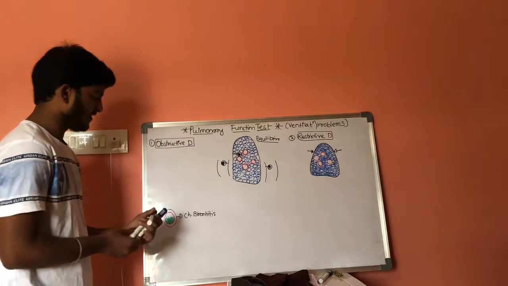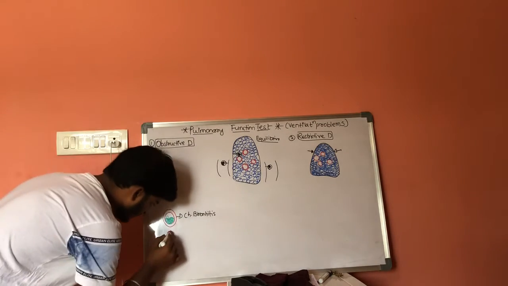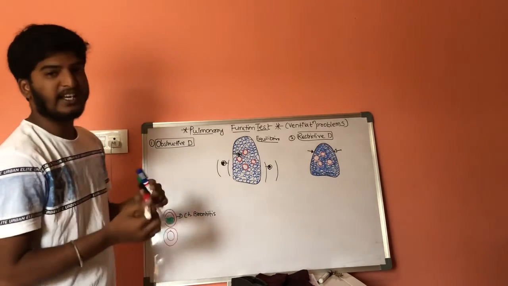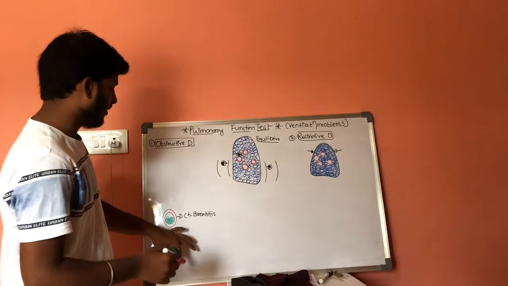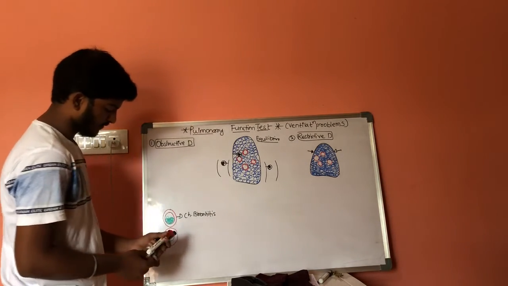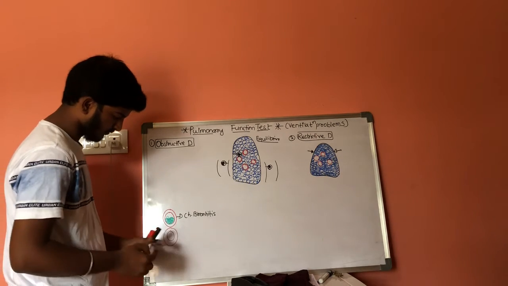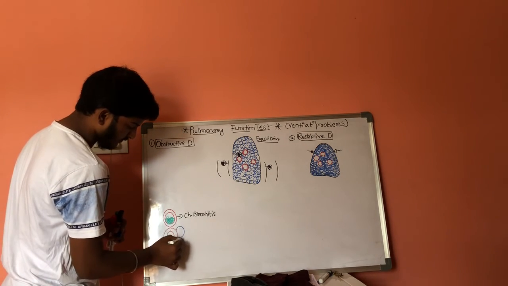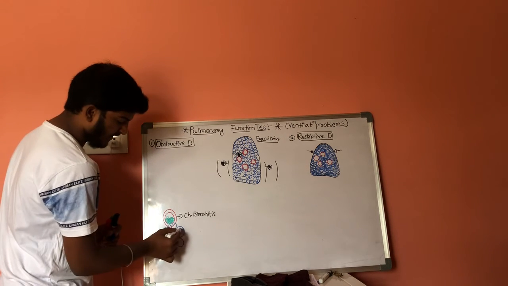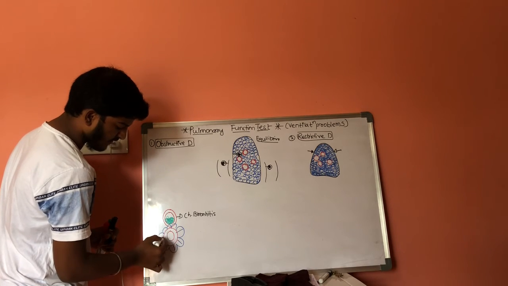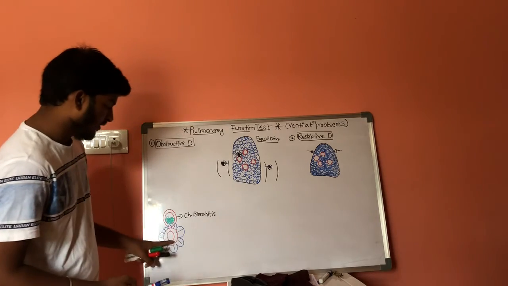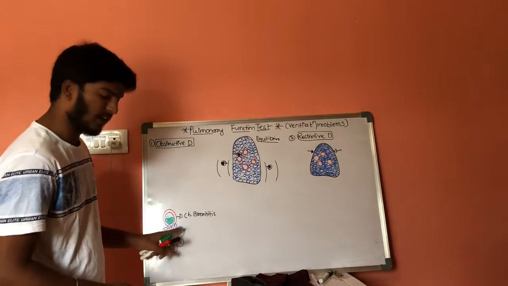And the second condition is, let us consider, this is the airways, and in case of emphysema or a smoking patient, let us consider these are the alveoli, and there are elastic fibers from the airways to the alveoli.